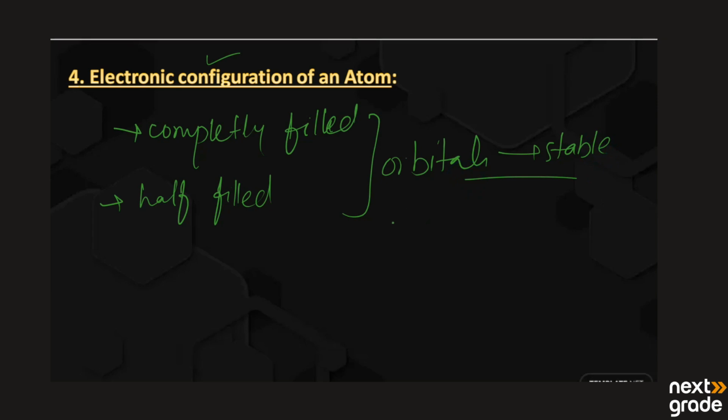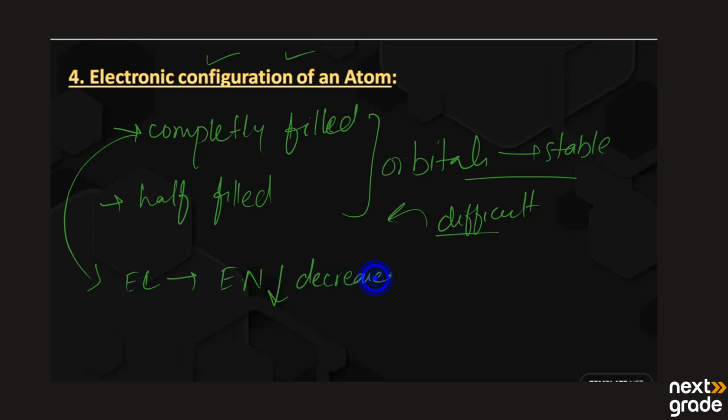When we need to add an electron to these, it is difficult. For that reason, the electronegativity is very low. So when the orbitals are completely or half filled, the electronic configuration affects the electronegativity in a way that it will be lower, or decrease, because they are not going to participate in chemical bonding.